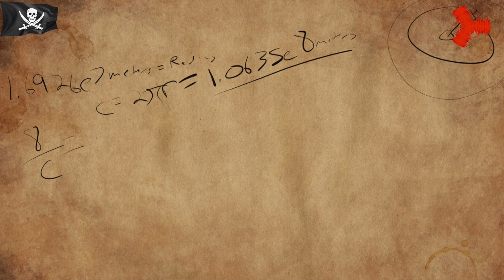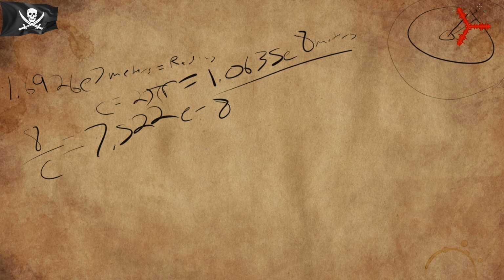We do 8 divided by 1.0635 times 10 to the 8, which equals 7.522 times 10 to the negative 8. That is not necessarily meters. That is just, if I multiplied it by 100, it'd be a percentage. Why did I need to know that? I have to remember my notes now.